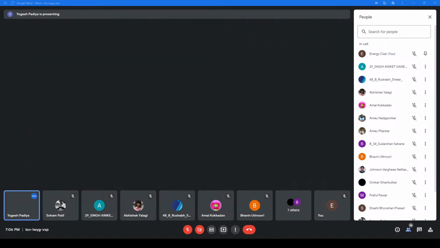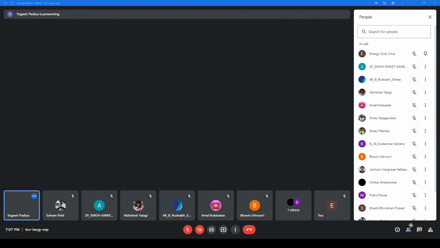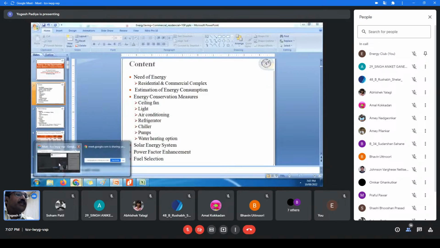We need energy for various purposes like ceiling fan, light, air conditioner, refrigerator, chillers, pumps, and water heaters. Obviously, chillers and pumps may not be available for residential purposes, but they are largely used in commercial complexes, malls, hotels, and many more places.